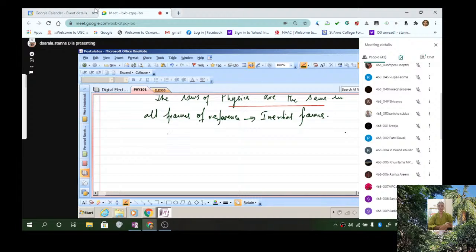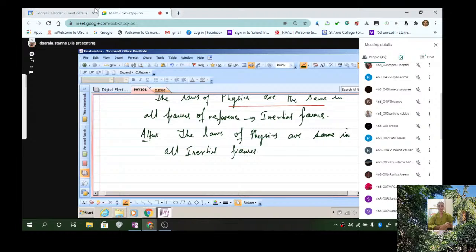An alternative way of stating this is the laws of physics are the same in all inertial frames of reference.